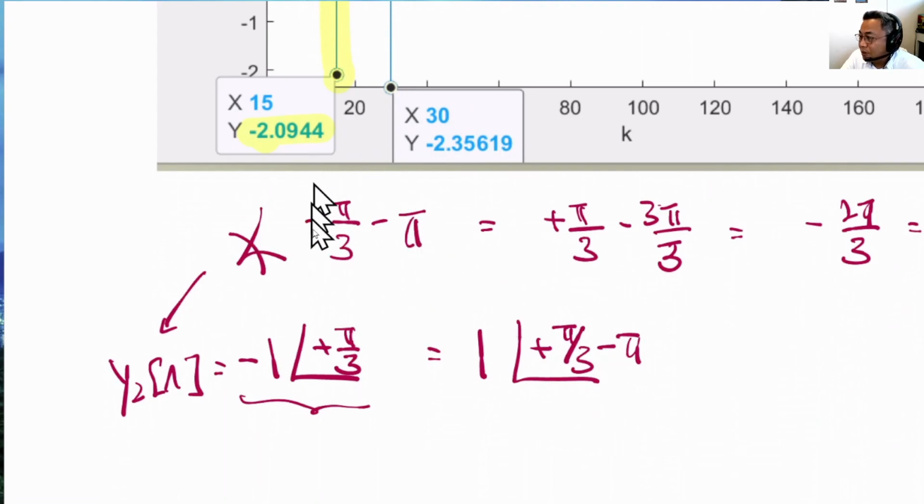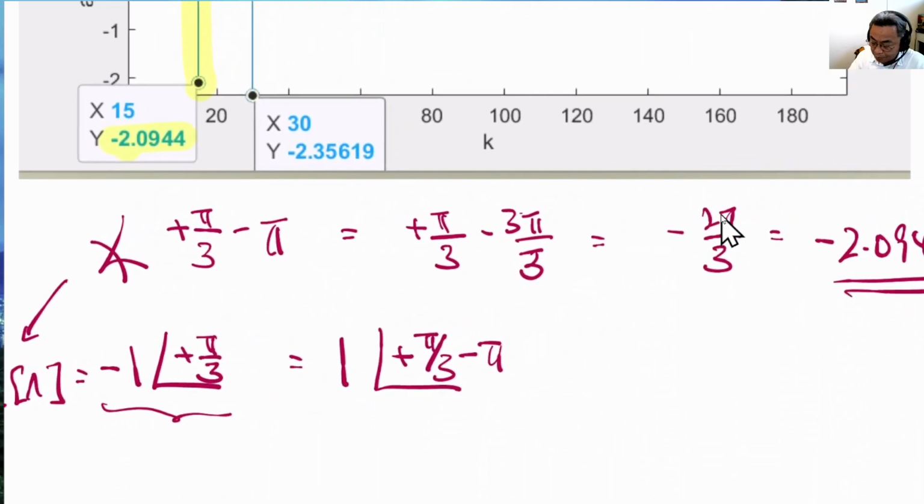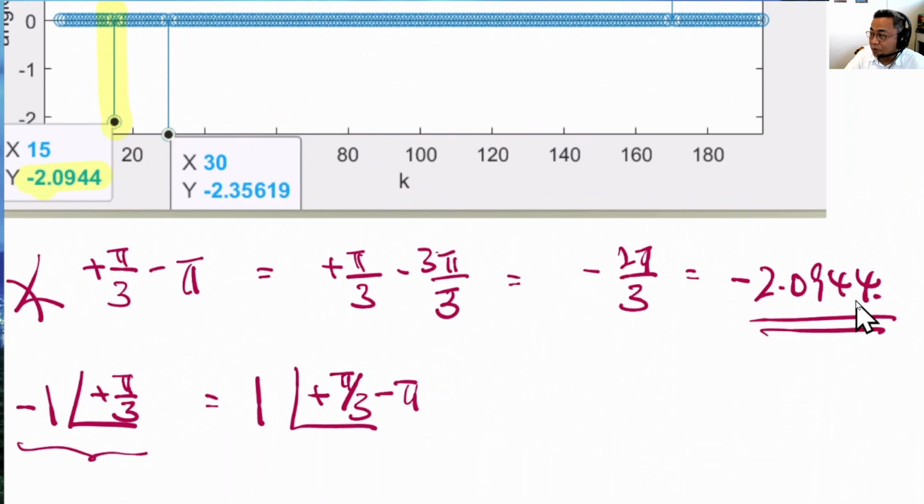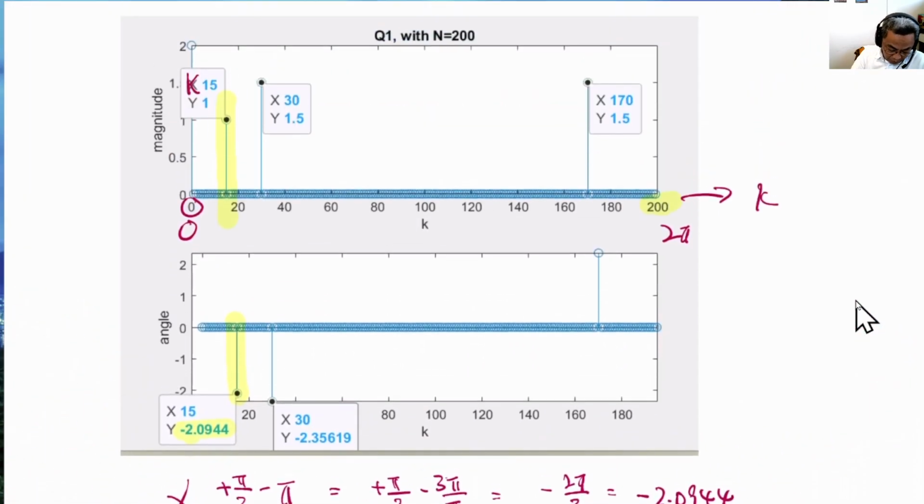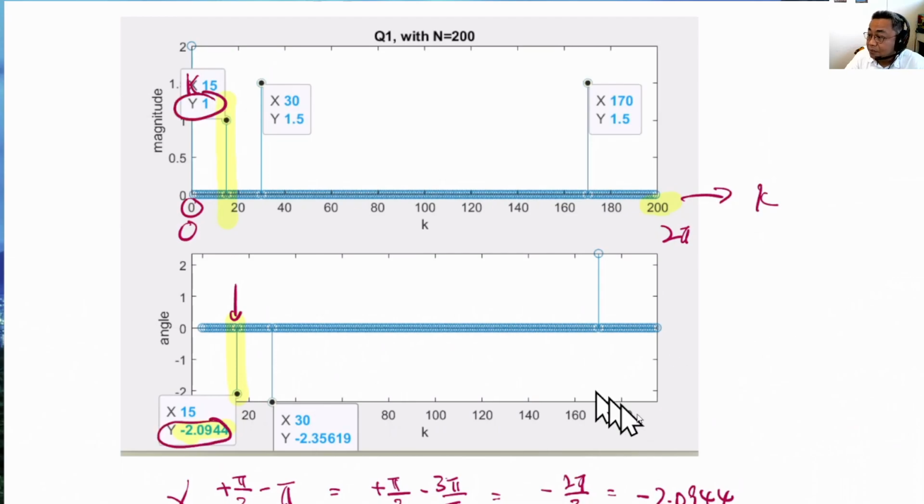Pi over 3 minus pi is pi over 3 minus 3 pi over 3, which is minus 2 pi over 3, which is minus 2.0944. So the magnitude is 1 and the phase is minus 2.0944 at C15. This is the magnitude and this is the phase for y2[n].